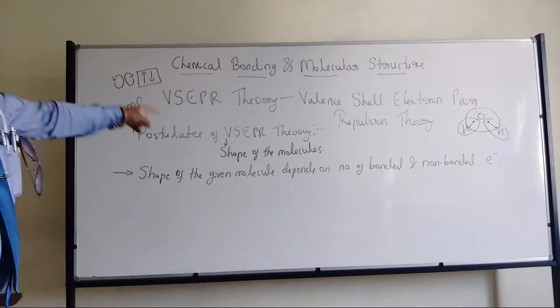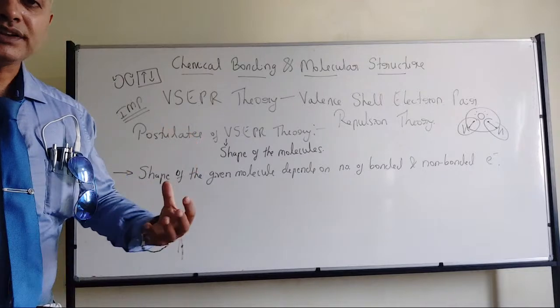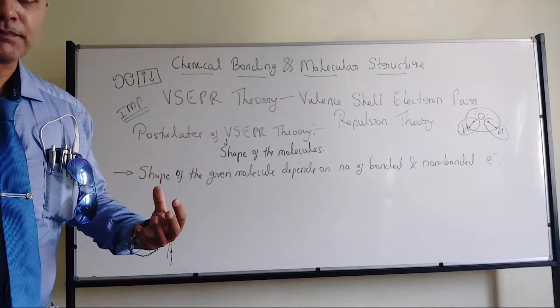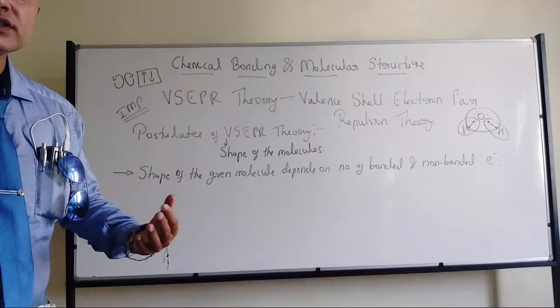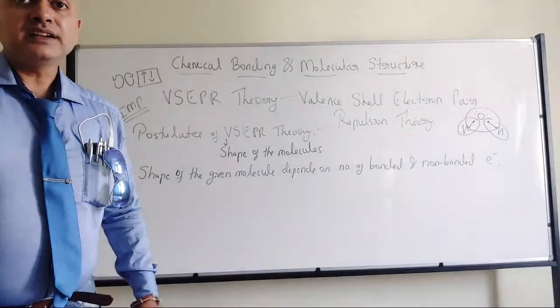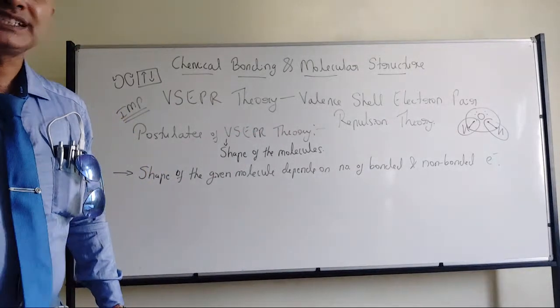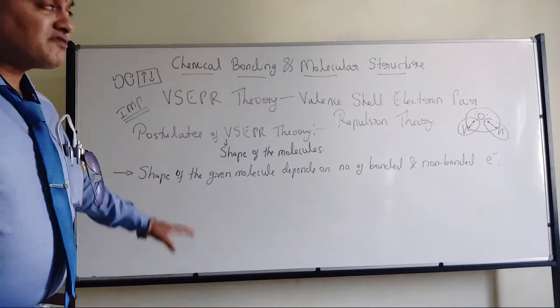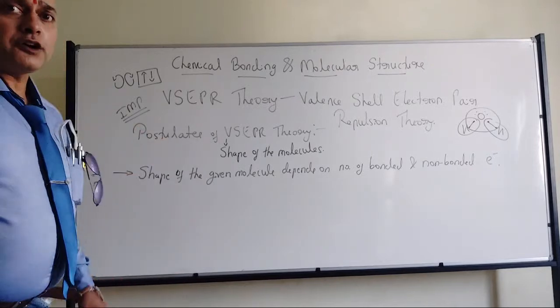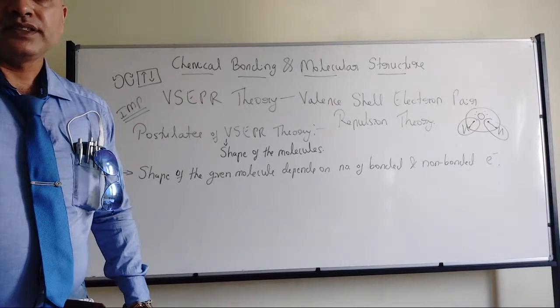So that's why in a particular orbital, two electrons will be paired up. You might have a question, sir, why not repulsion there? That is because of the opposite spin. So that's why a particular orbital can accommodate two electrons.